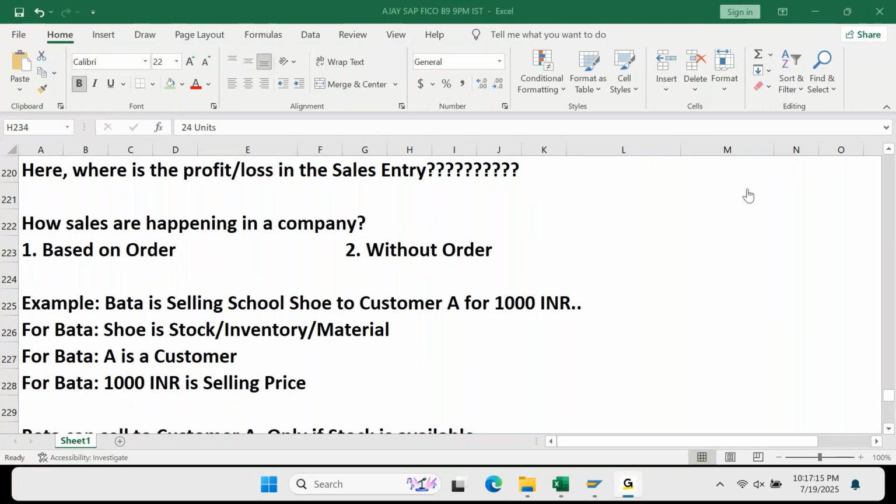Right? Now, while talking about sales, can you directly perform the sale without a material? No. Material is required because you need to maintain the material and know the cost of the material. Similarly, how is the material coming? Either by purchasing or by producing.